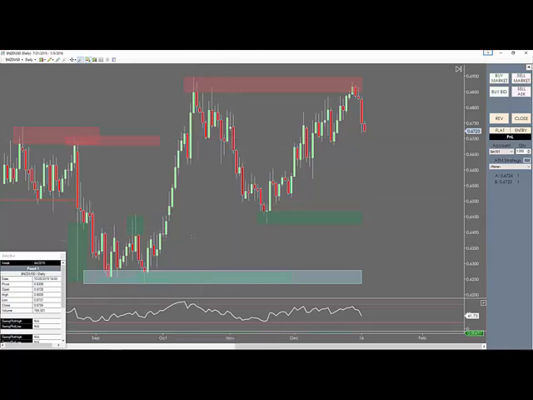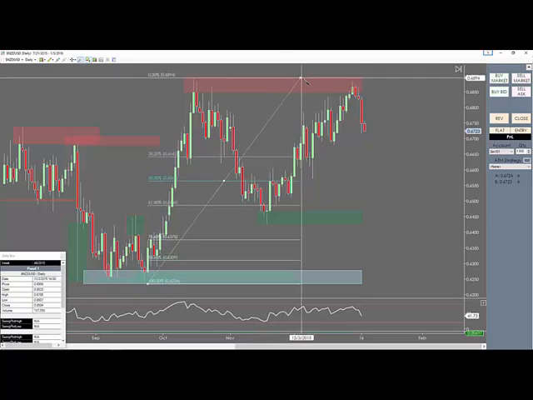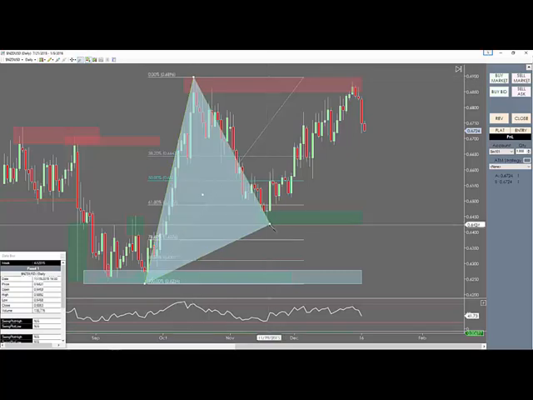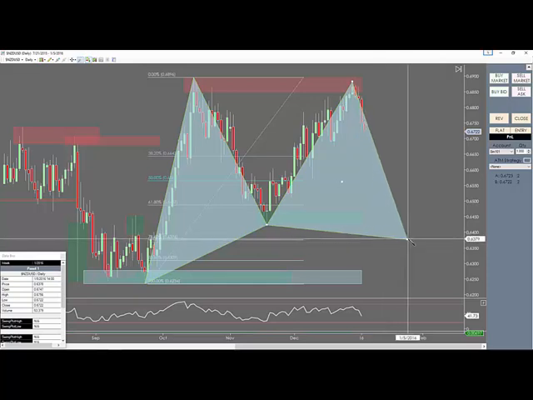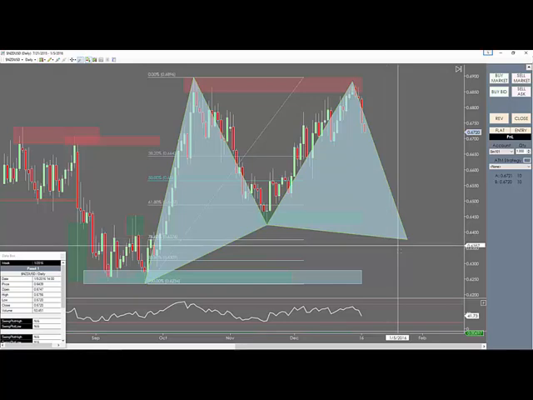But if you are familiar with harmonic patterns or pattern trading, you see that this could be a possible Gartley pattern. Of course that is most likely not going to happen this week, so you should be waiting for that if you're a longer term trader.